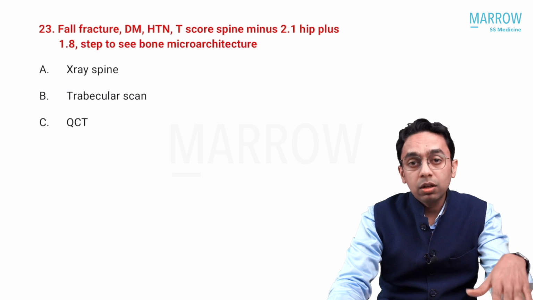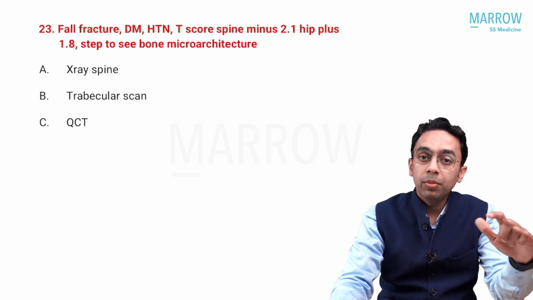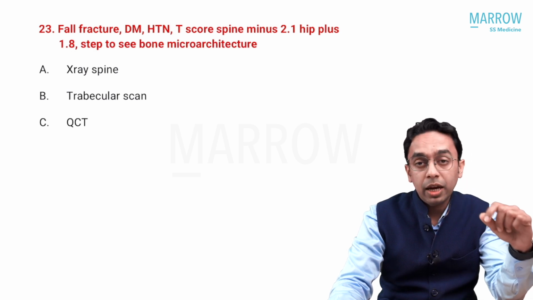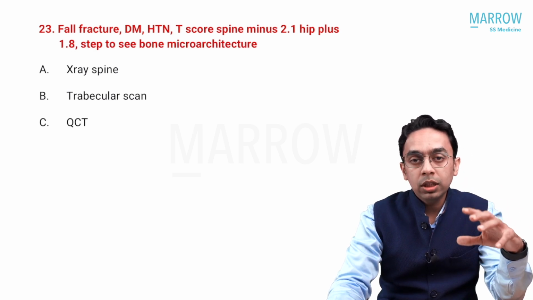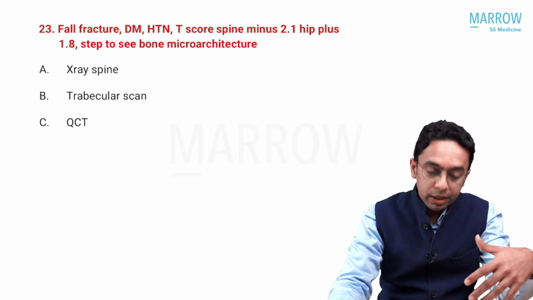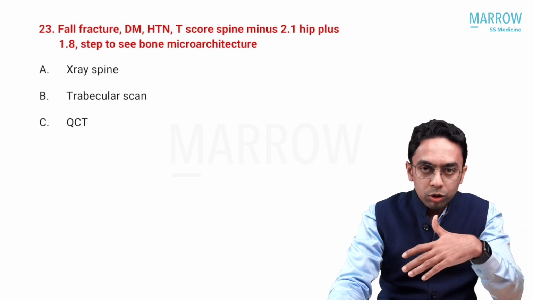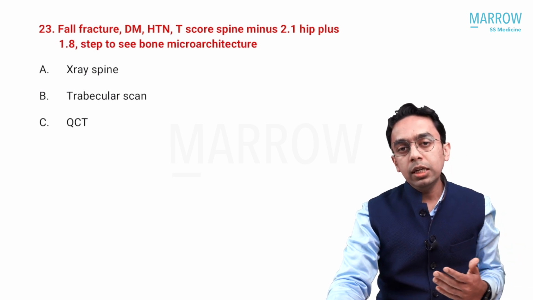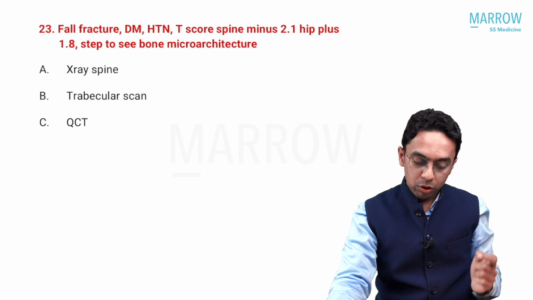Diabetes can cause a raise in BMD with poor quality bone, that is, it can affect the microarchitecture, thereby causing lower quality bone, and still your BMD would be high or normal. Okay, so for that what we usually get is TBS, that is trabecular bone score.